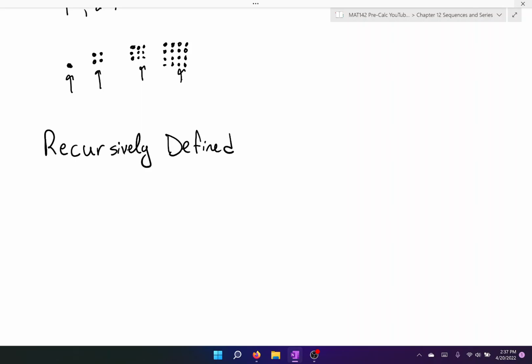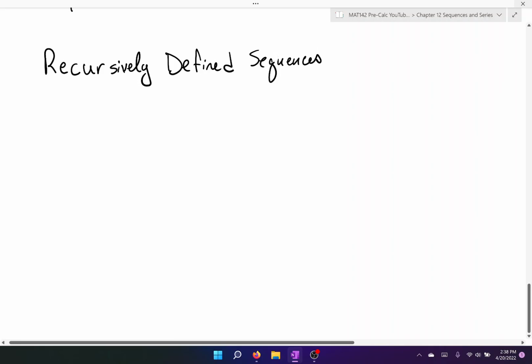The very simple definition of this is you start off with some sort of information, and then you use that information to find the next term. And then for every term after that, you use the information that you previously gained to find the next term.